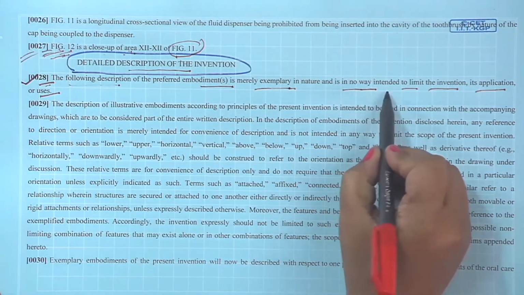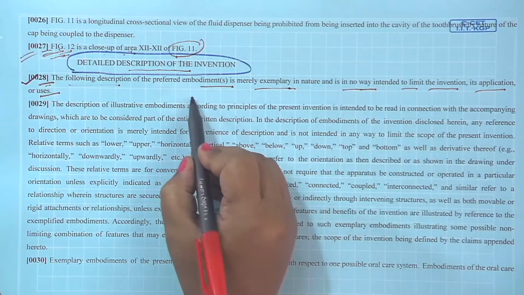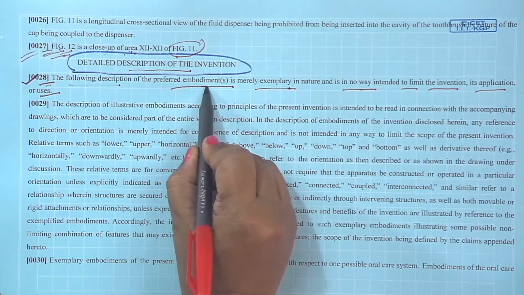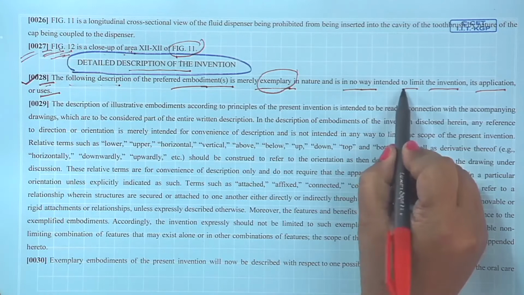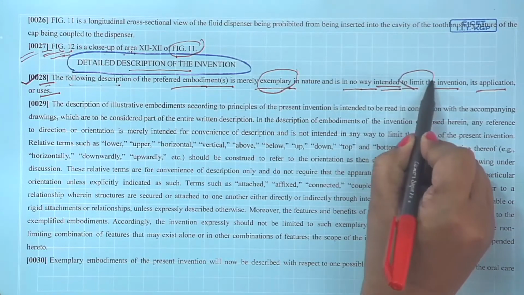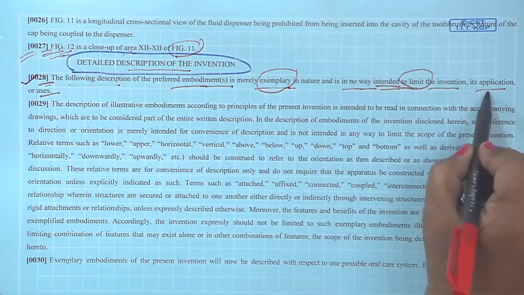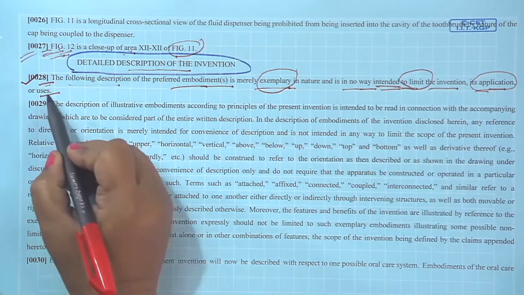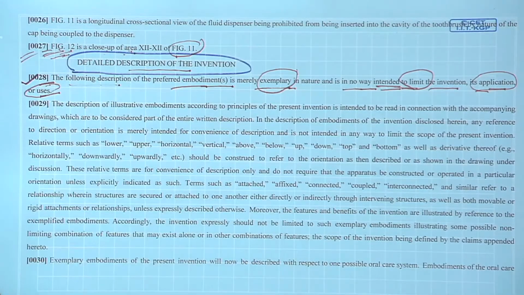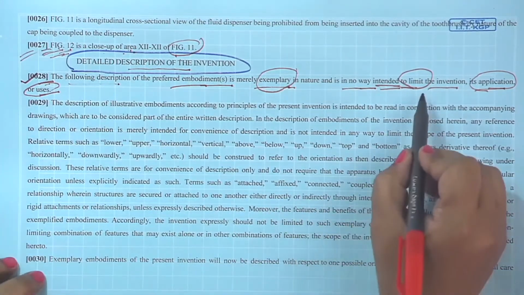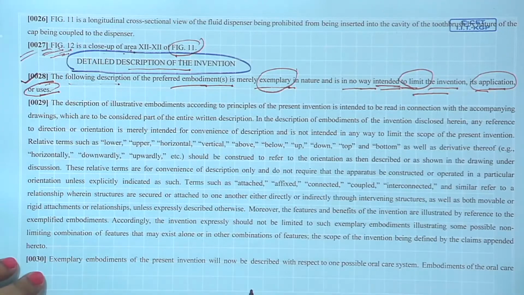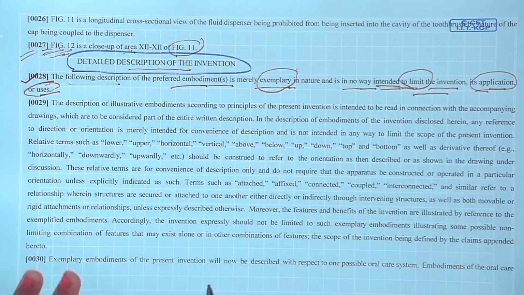So, you can see how carefully it is written, that they are saying this preferred embodiment is merely exemplary and in no way intended to limit the invention, its applications or its uses. So, again the scope of the invention is kept broad, and it is clearly mentioned that with this description you should not narrow down the scope of the invention, it is exemplary.